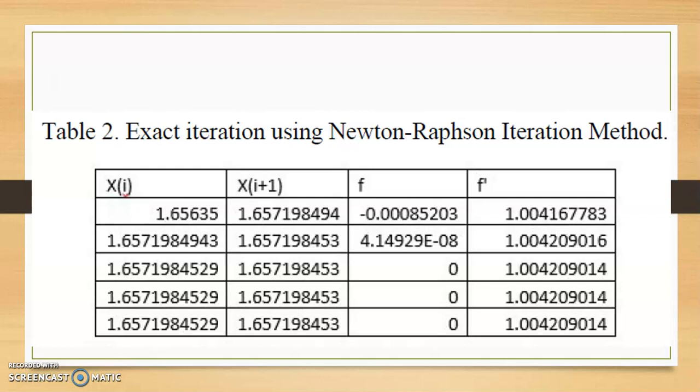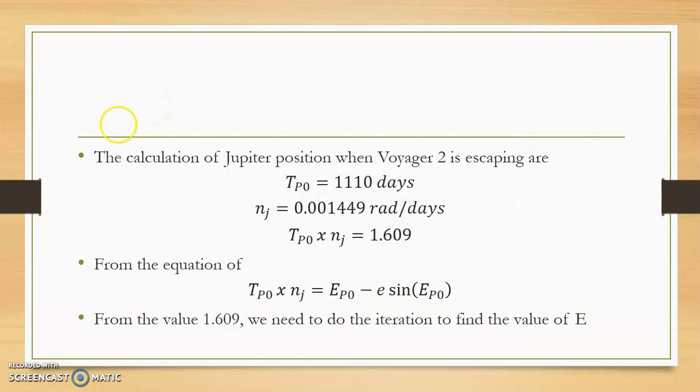Fortunately, Newton-Raphson is one of the simplest, and very fortunately, it produces one of the most exact approximation values. So here we have xi, the initial iteration value, and xi plus 1 is the iterative value that we use for the next iteration, and we have the values of f and f prime. The f we have from the function EPO minus eccentricity times sin EPO minus TPO times Ng.